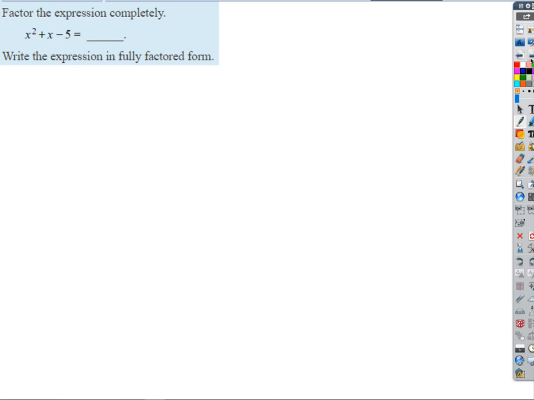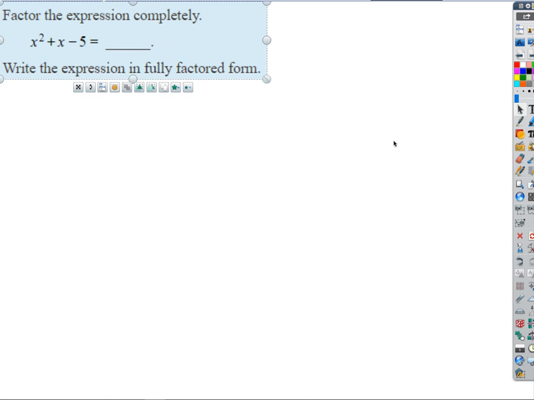Okay, how about that? Let's write this in factored form. Fill in that blank. What goes there?